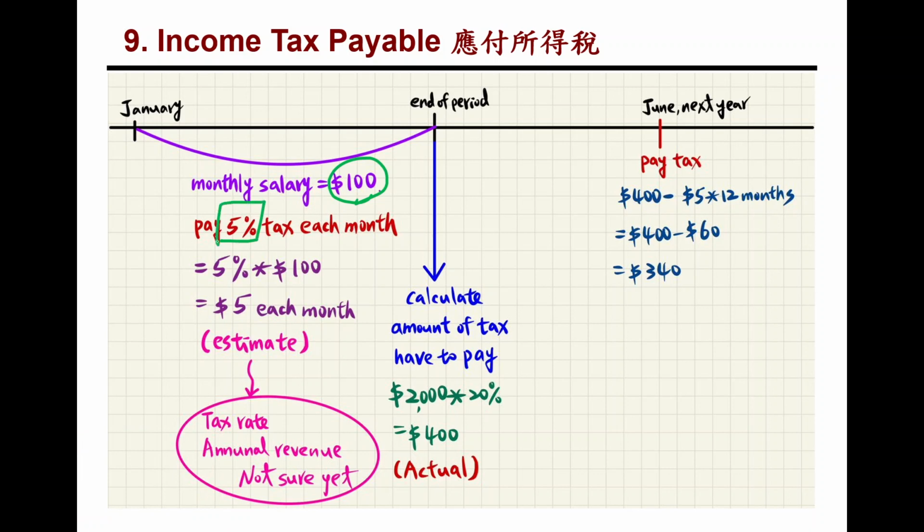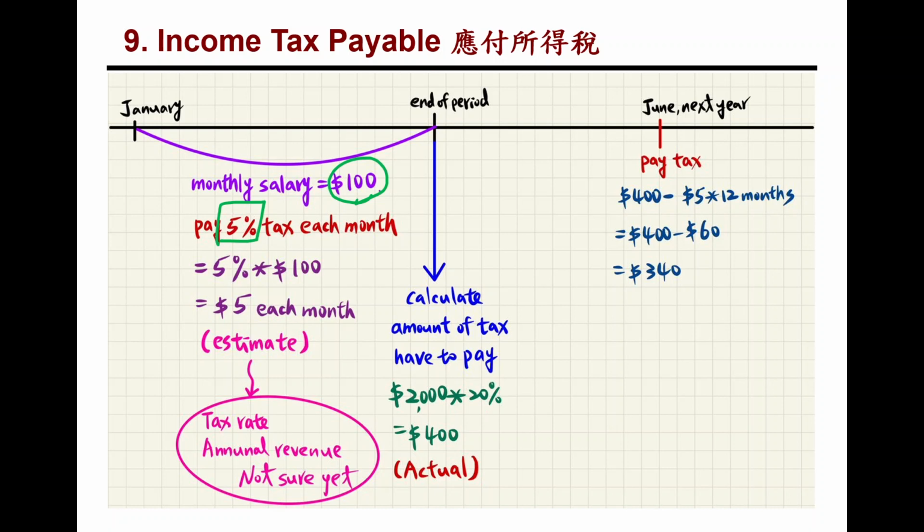Okay. So based on 5% with my monthly salaries, each month I pay the $5 tax. Okay. But you should know that $5 is not my really money tax I should pay to the government. Okay. Because that 5% is not my tax rate.